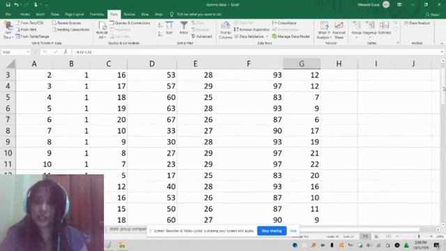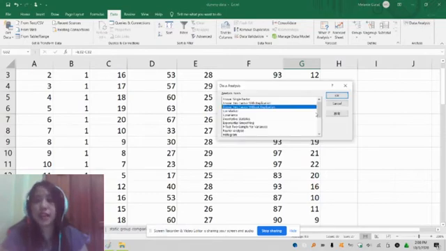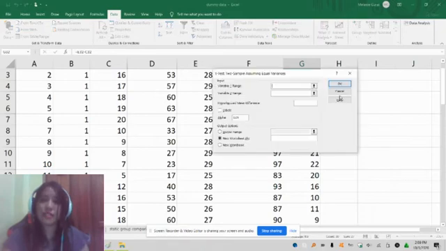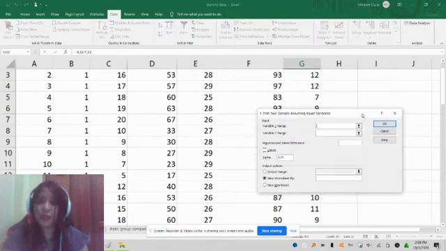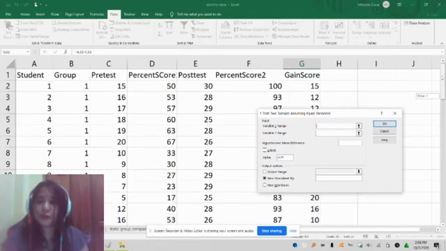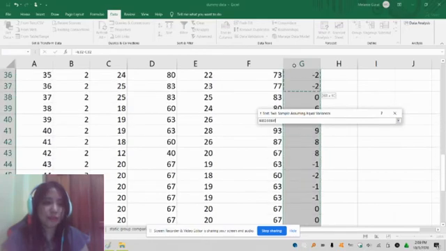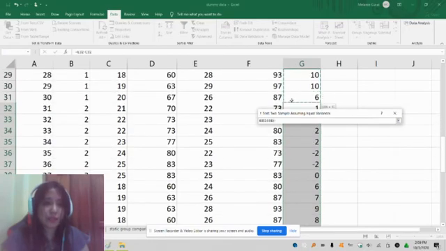So let's do the procedure again. So data analysis, and we are now confident that we're going to use t-test two-sample assuming equal variances. Then click OK. Okay, so variable 1 is the gain score for group 1. So this is until respondent number 30.